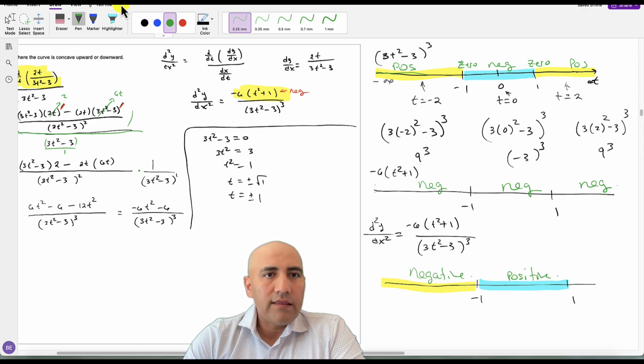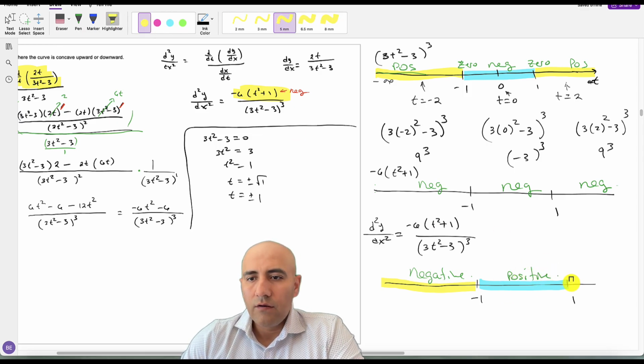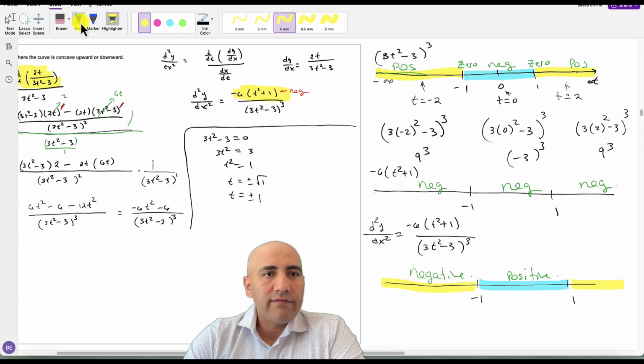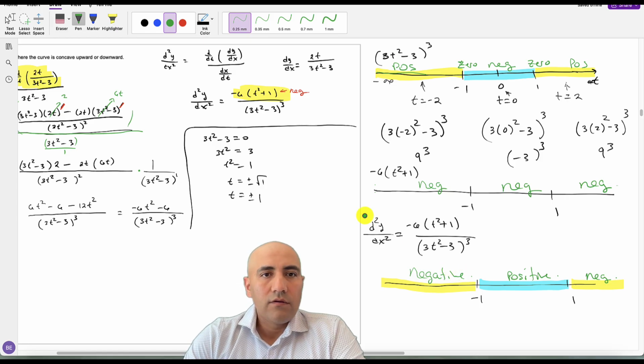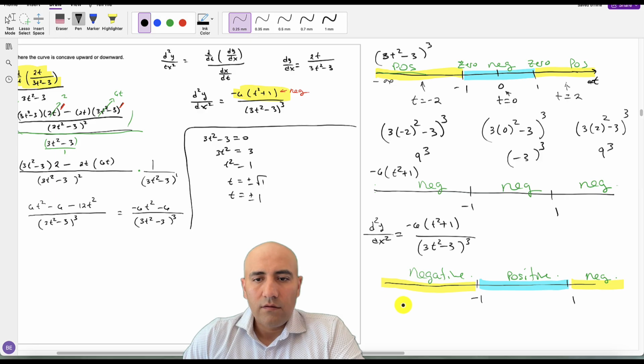And then finally, in the last zone over here, we end up with the same thing of a negative divided by a positive, which gives us a negative. Okay, so the second derivative is negative, meaning that the first derivative is decreasing, which means that the whole thing is concave down. So we'll say concave down and concave down as well here.